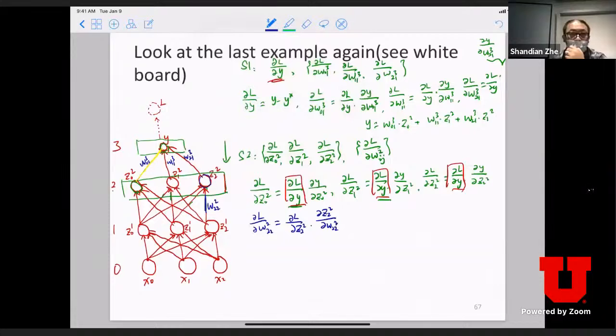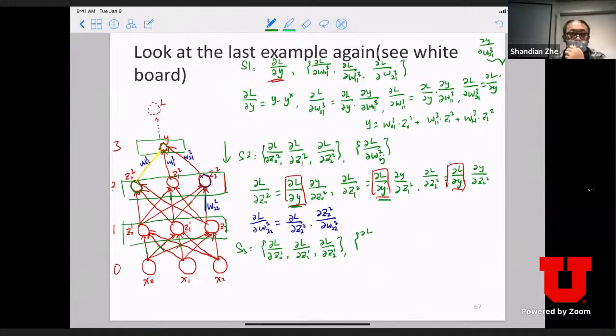So now we finished step 2. We're gonna move one layer below. Again, in step 3, our goal is to compute the partial derivatives of the loss with respect to all the neurons in layer 1, and of course, all the edge weights pointing to the neurons in layer 1.